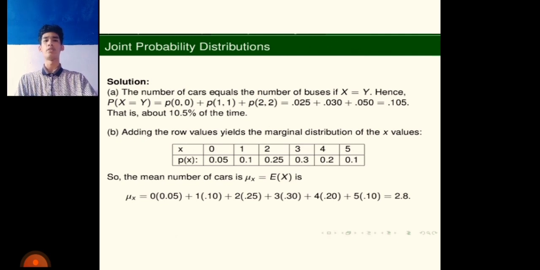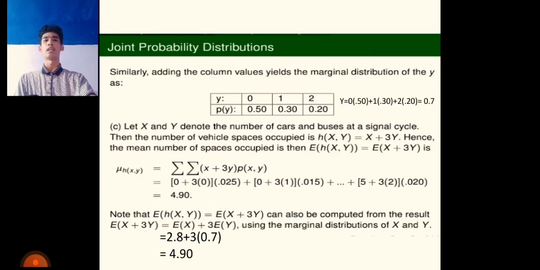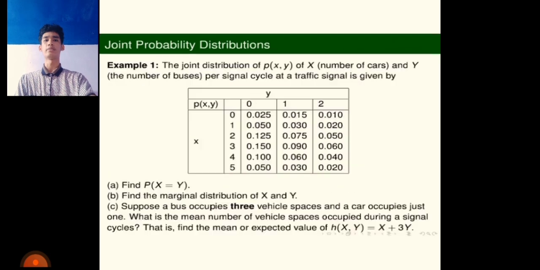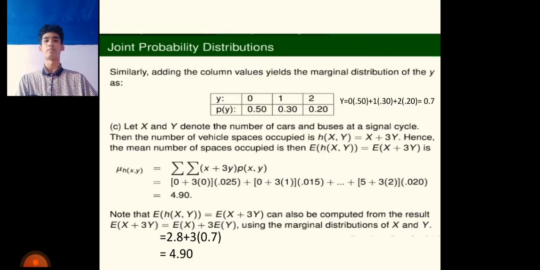So the mean of x is 2.8, and for y, first y equals 0: 0.25 plus 0.050 plus 0.125 plus 0.150 plus 0.100 plus 0.050 equals 0.50, up to y equals 2. So the mean of y is 0.7.